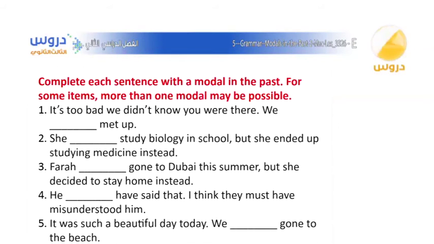Aya, 3. Farah blank gone to Dubai this summer, but she decided to stay home instead. Could have. That's excellent. Farah could have gone to Dubai. That's excellent. But she decided to stay home instead.